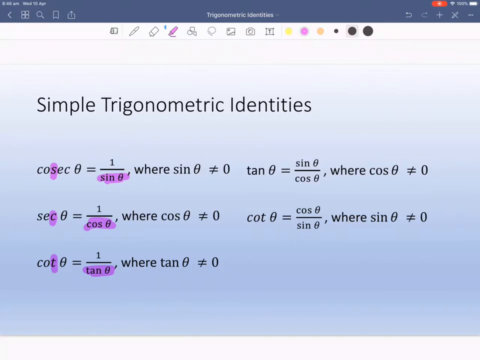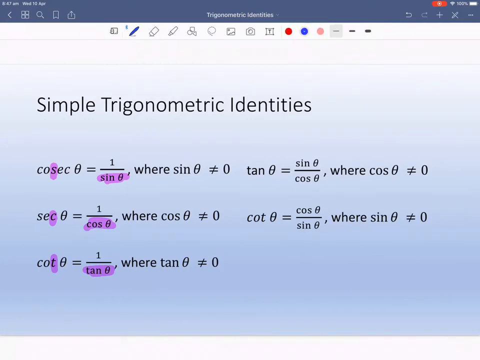That's why, when we go cosec theta, we've learned it as hypotenuse over opposite. It's because it's actually the reciprocal, the inverse of sine. So that's the why. We've got to write that down and understand it.